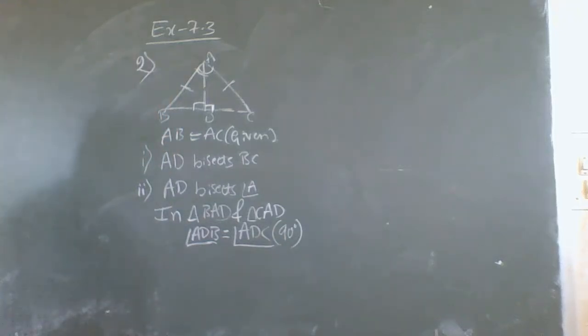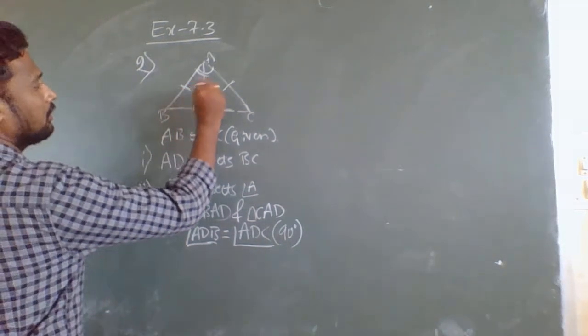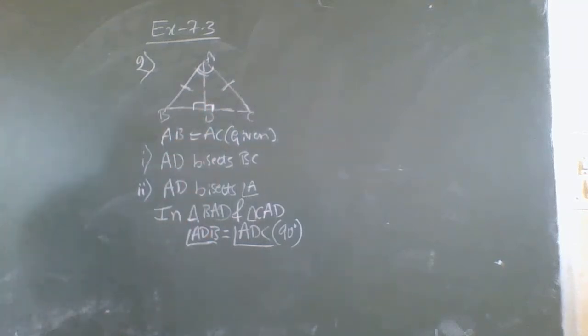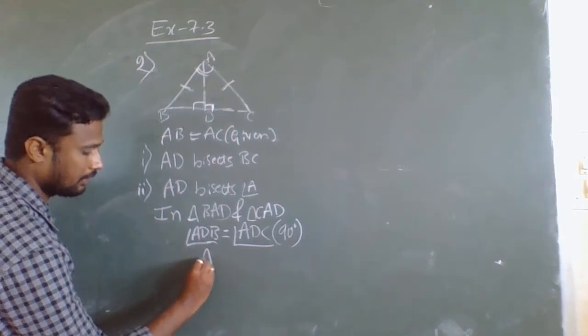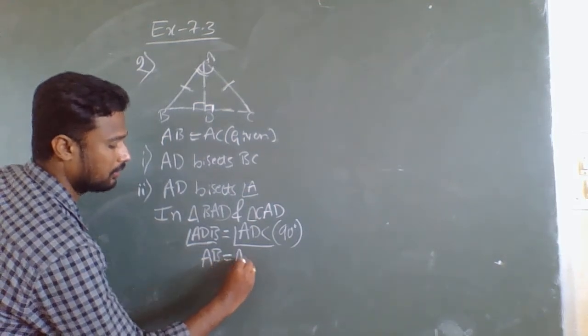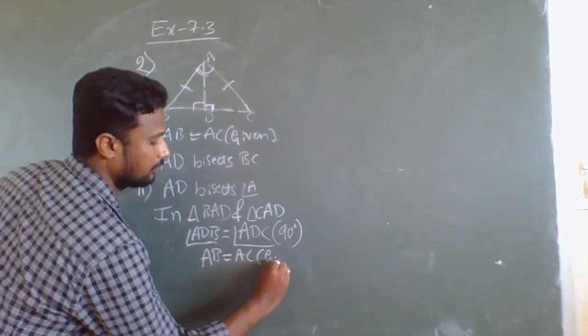Okay, so now we can write that AB is equal to AC. They have given that AB is equal to AC.